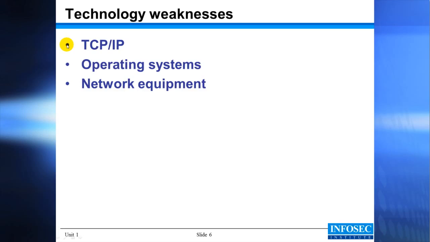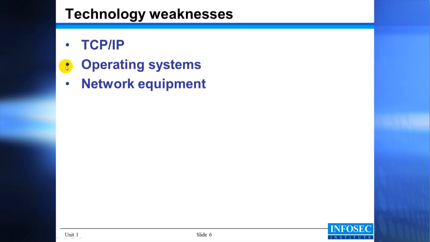Therefore, TCP/IP as a service is focused on functionality. Unfortunately, this focus on functionality ignored the need to incorporate security into its design. There are many different vulnerabilities within the functional aspects of TCP/IP that can be exploited.